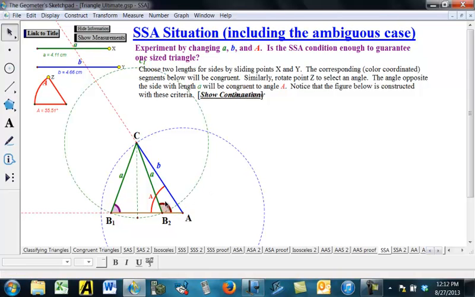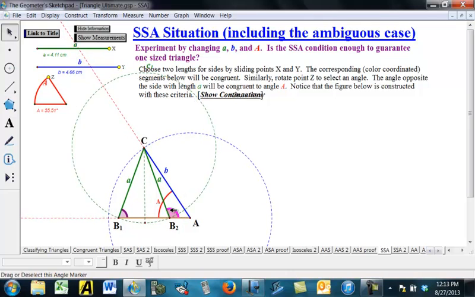One final thing, when you do have the ambiguous case, I want you to notice something. This triangle right here, from B1 to C to B2, is actually an isosceles triangle. So that means that this angle right here is congruent to the little angle that's right over here. But this angle right in here and this one here are supplementary.